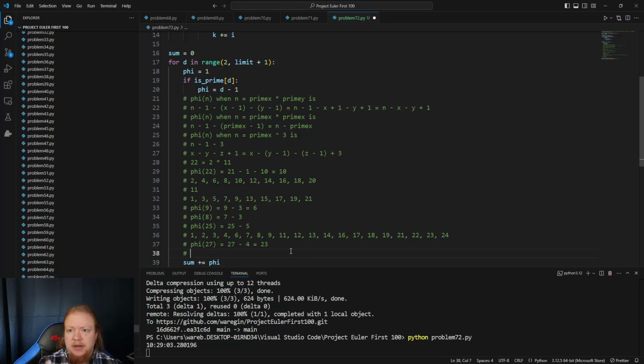Let's just list the factors of 3. We know those are the ones that we have to get rid of. So 1, 2, 3, 4, 5, 6, 7, 8. So the actual correct answer is 19. It's 27 minus 8.